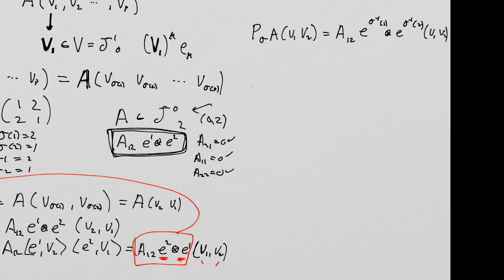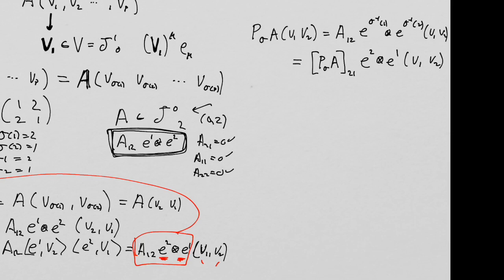I could have started from that idea, and then this new tensor P sigma of A would have to have its 2-1 component equal to the 2-1 component of E2, E1, because of inverse sigma 1 and inverse sigma 2 operating on V1, V2.